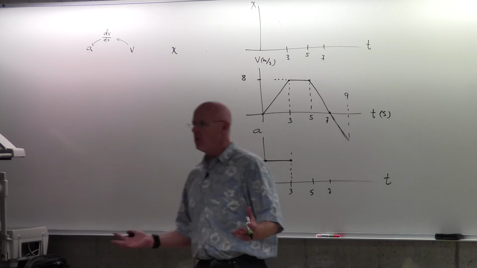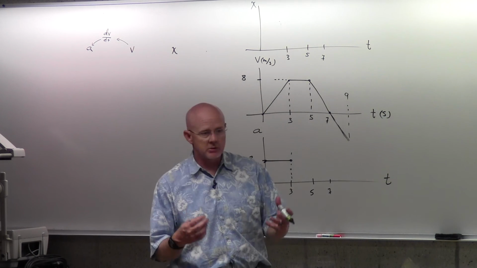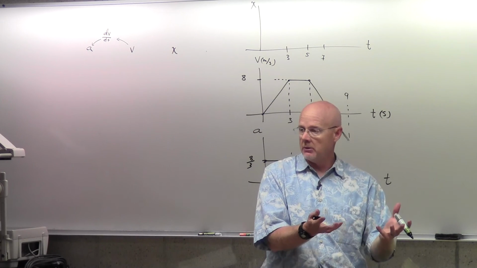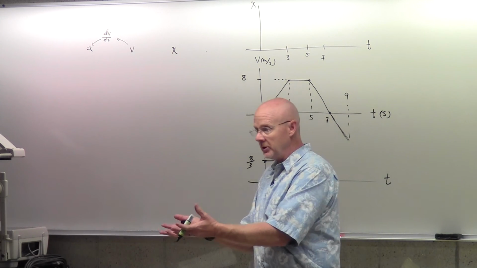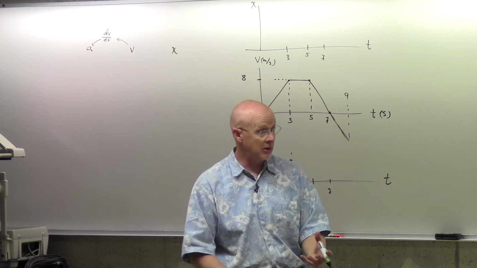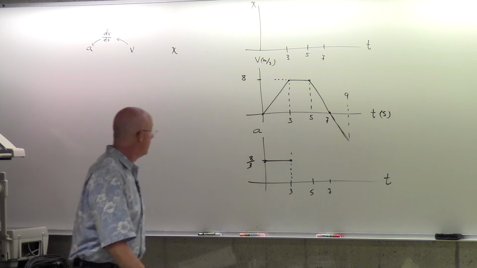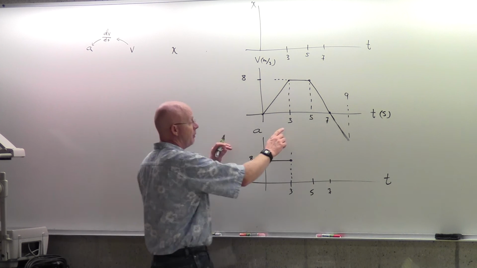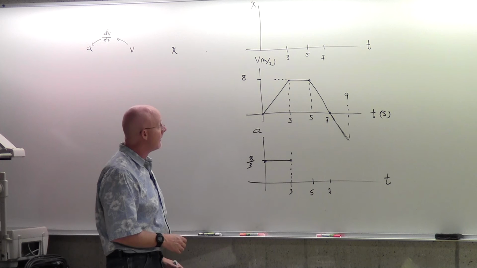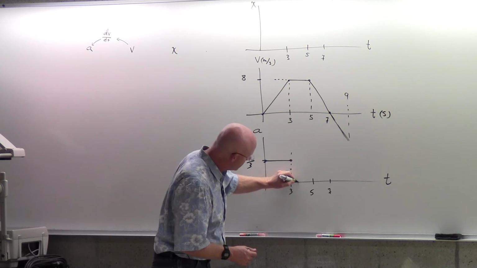And so you can see what we're doing. We're just saying, do you really know how to interpret your mathematics? Take the physical picture, right? Apply your mathematics, right? Okay. How about from 3 to 5? What's the acceleration there? Yeah, 0, so I'll just do that.